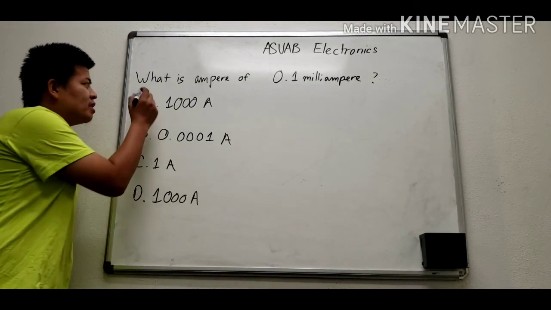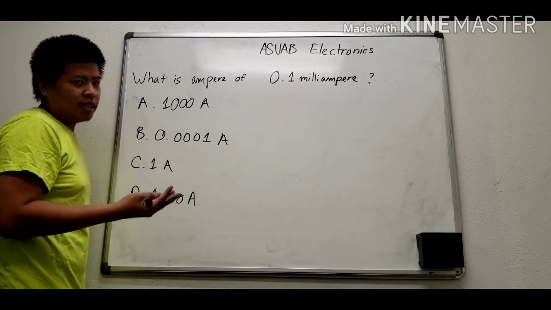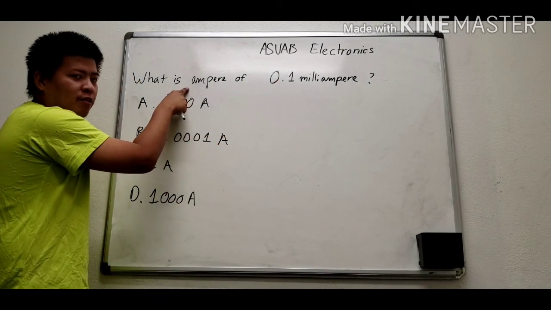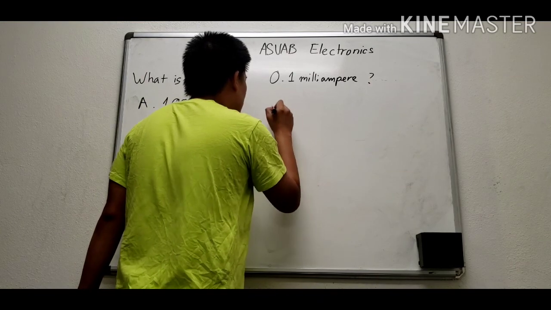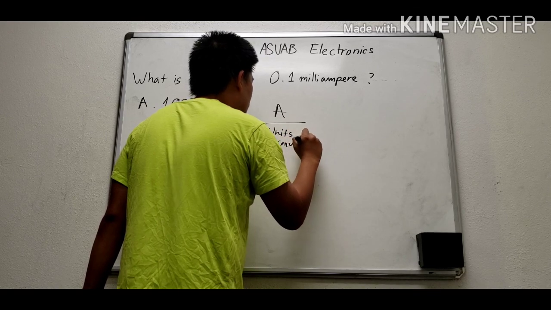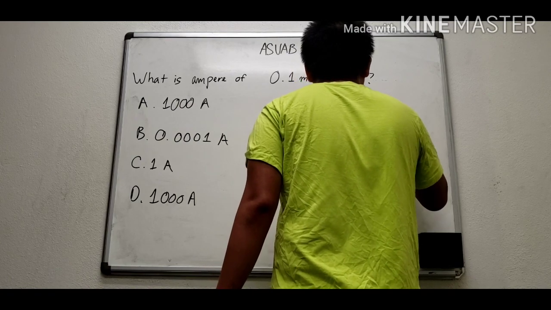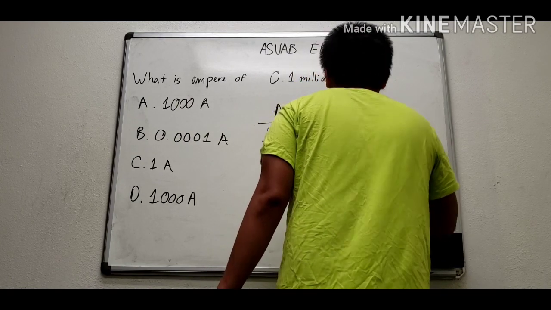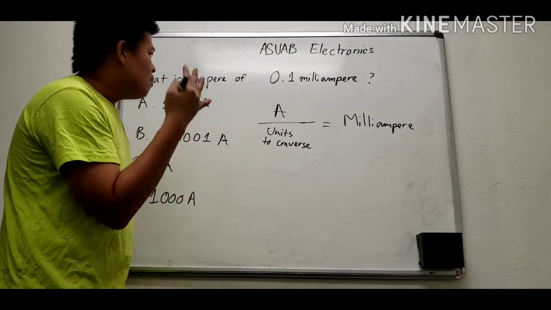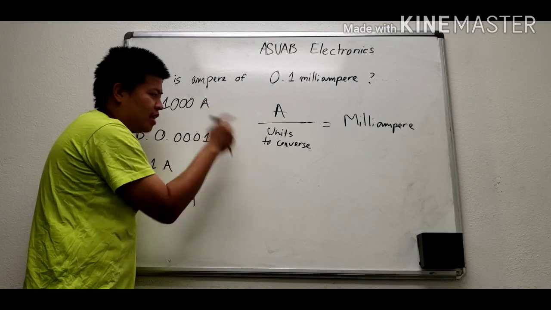The question asks, what is the ampere of 0.1 milliampere? This question is a little bit different because they want to convert from milliampere back to ampere. We do the formula, but now we transfer back to the ampere without the milli or nano.